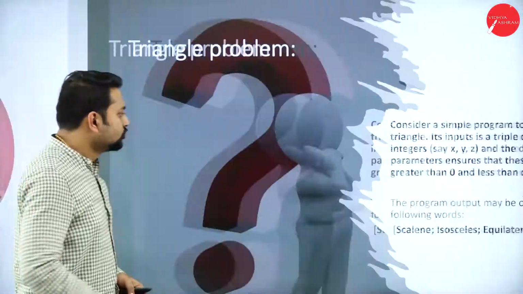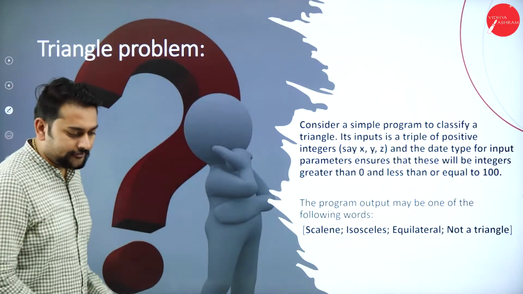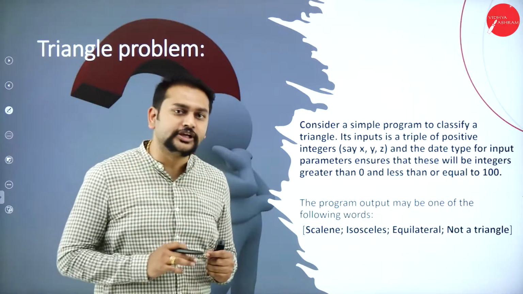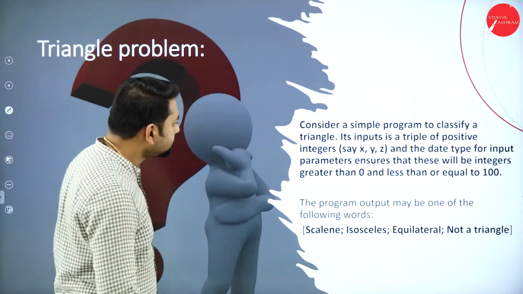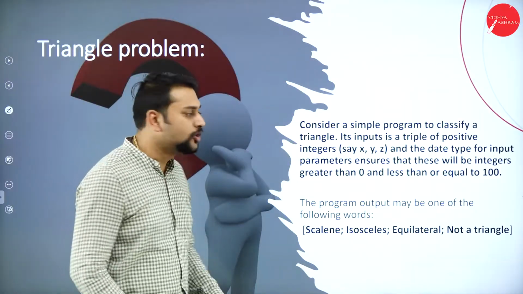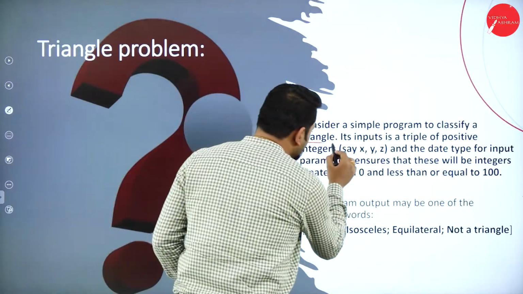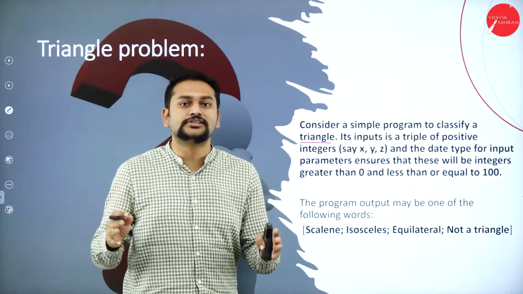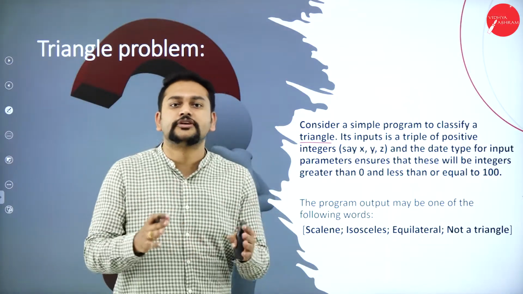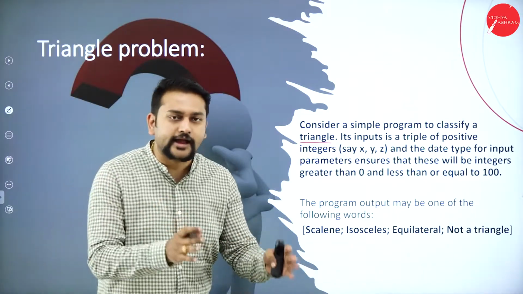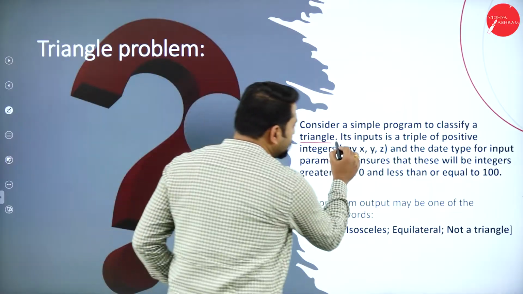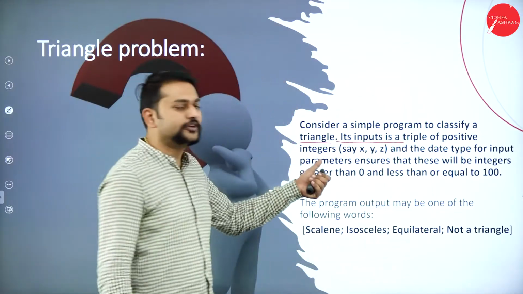So what is the question that we have? Let me read out the question to all of you. You have to listen to me carefully. Consider a simple program to classify a triangle. When I have a concept to classify, you need to understand that we have different types of triangles, so I have to classify it. How do I do that? Its input is a triple of positive integers.